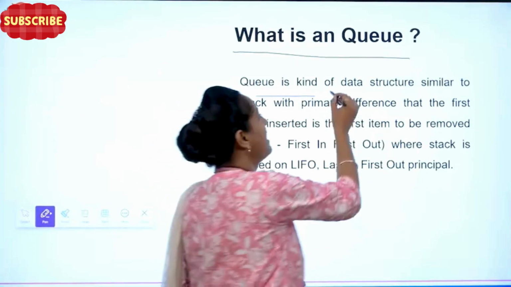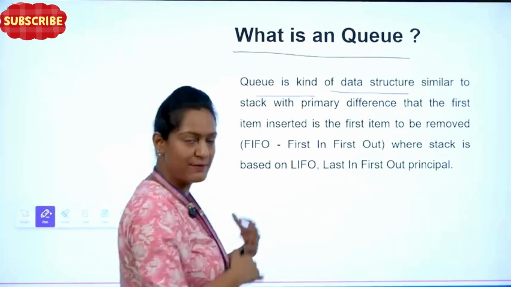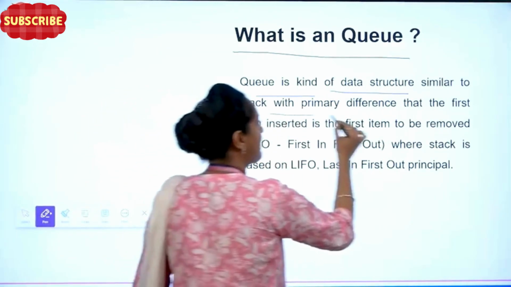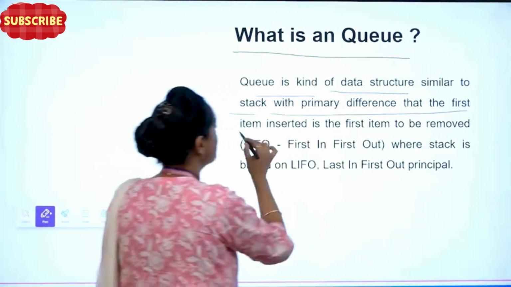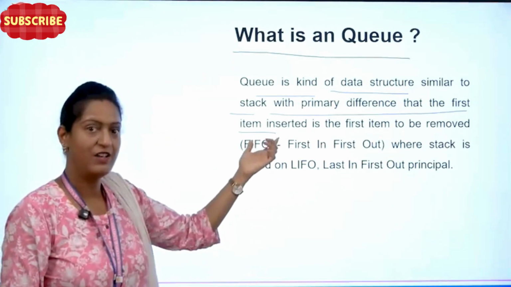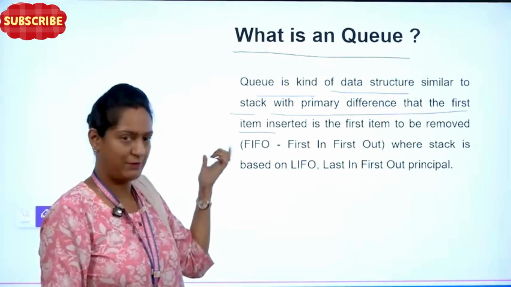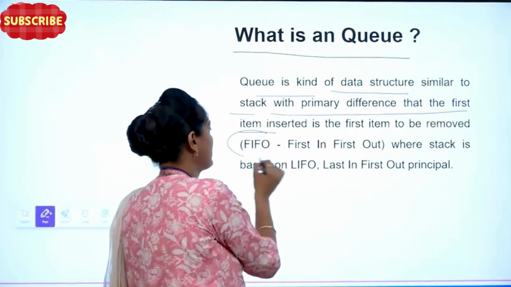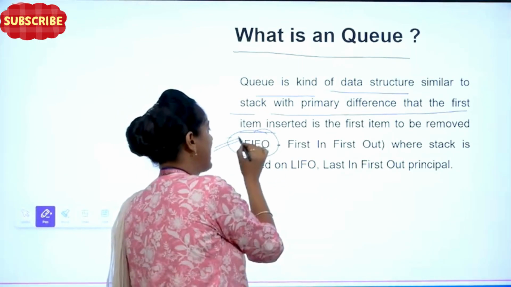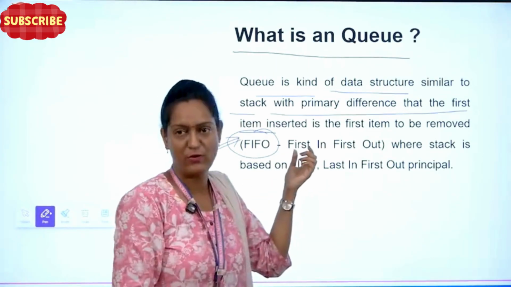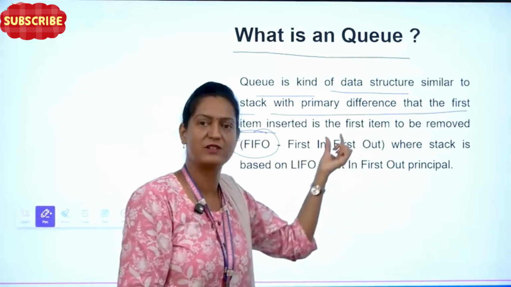A queue is a data structure which is similar to a stack, with the primary difference that the first item inserted is removed first. That means it depends on the strategy of FIFO. FIFO means first in first out.